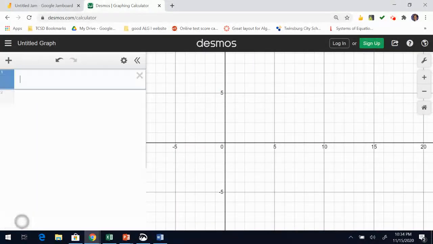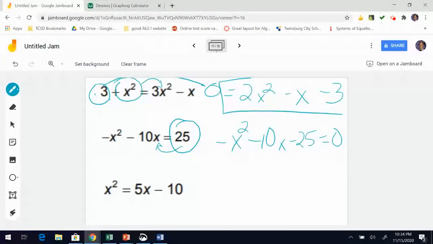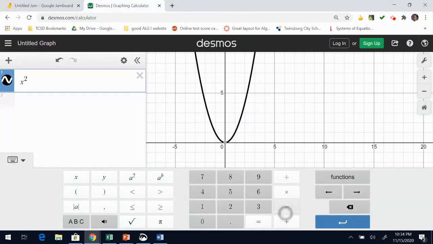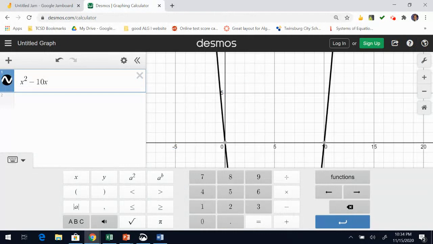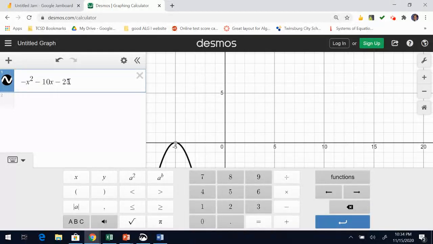And I get x squared minus 10x minus 25. This is a negative. There we go.